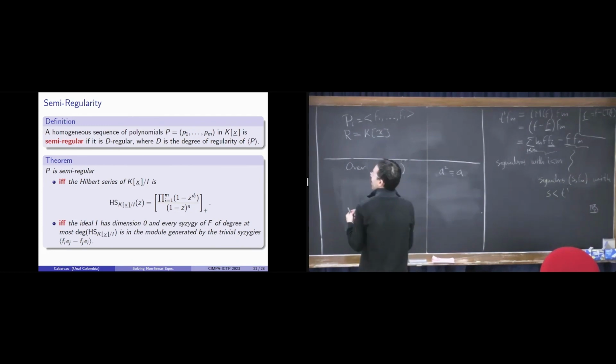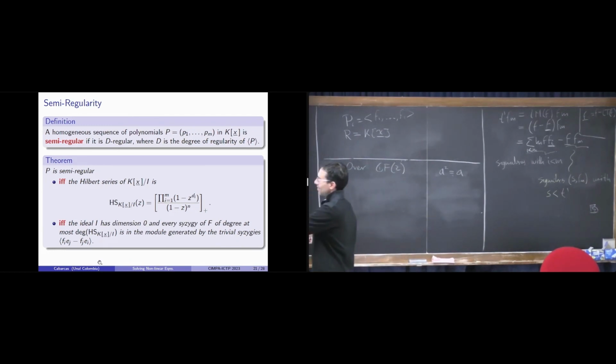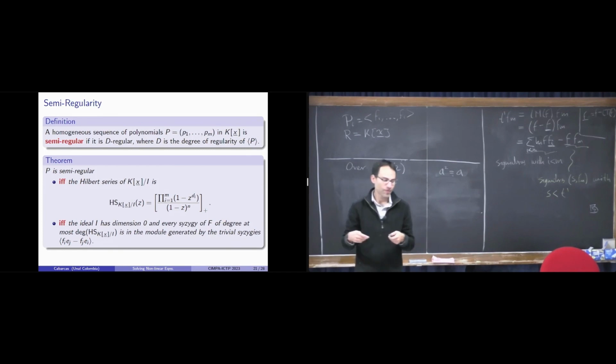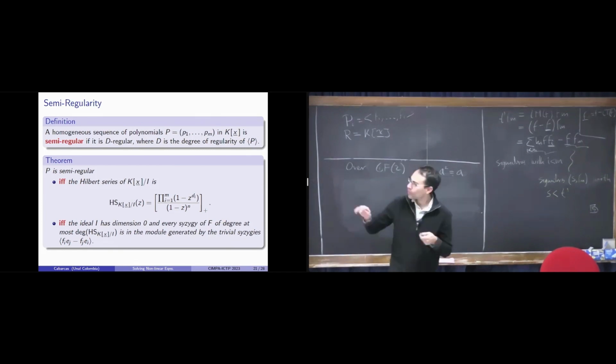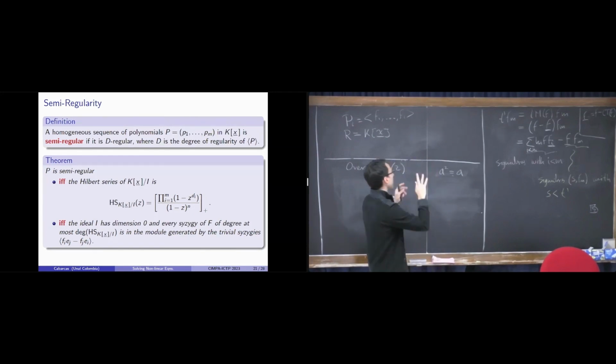And so there are other syzygies beyond these trivial syzygies. And so we can do the same reasoning under some extra conditions, knowing that this happens and imposing this condition.